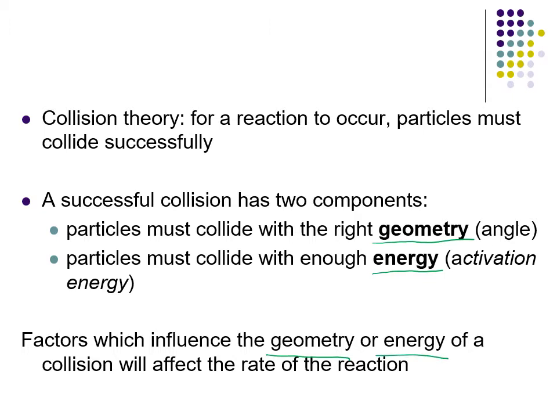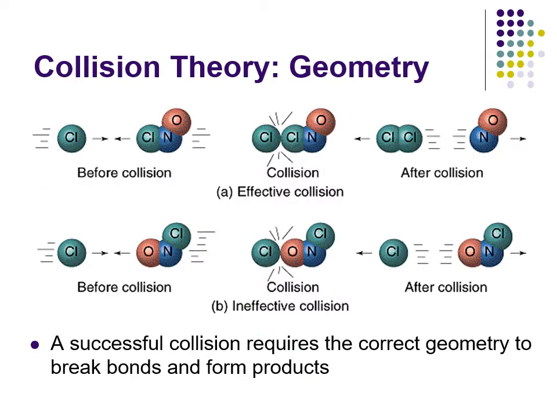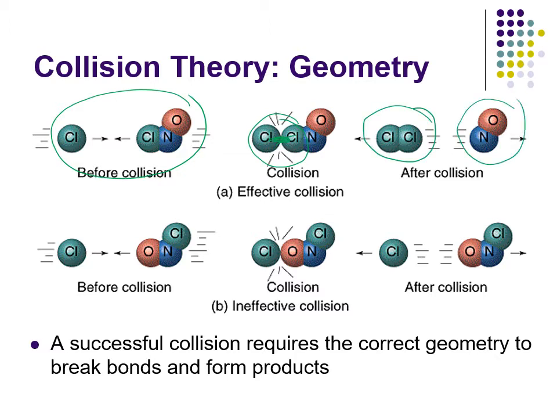rate of reaction. So think of the geometry. If these particles here are to collide with each other, there is a chance that the two chlorines could form a bond between each of them, and you'd form chlorine gas and leave nitrogen monoxide behind. But the geometry is going to have to be correct.